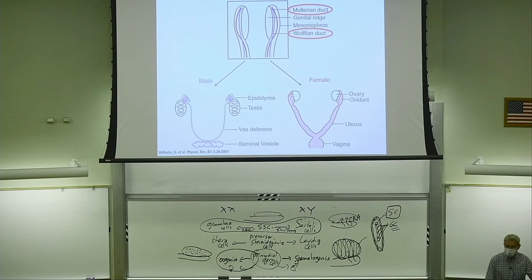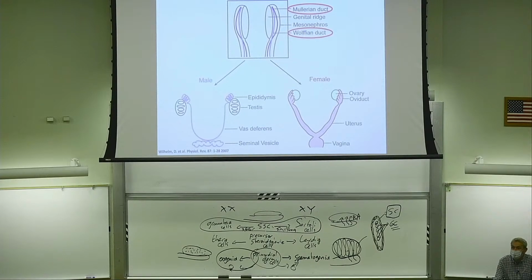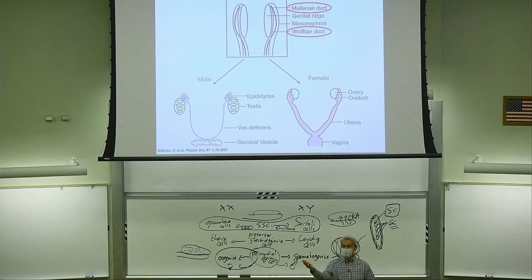Now, how many of you have taken an anatomy class? A couple. Excellent. If you look at these figures, I want you to focus on the female part. Anything odd? Which part specifically looks odd in the female reproductive tract? The uterus.